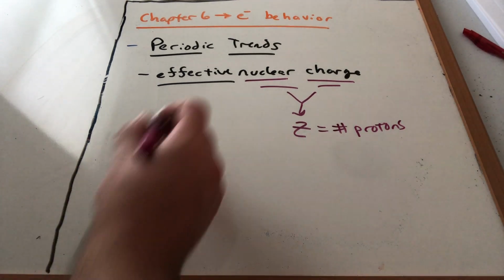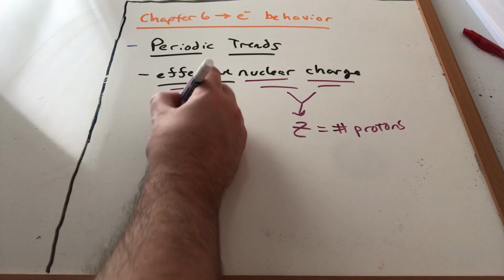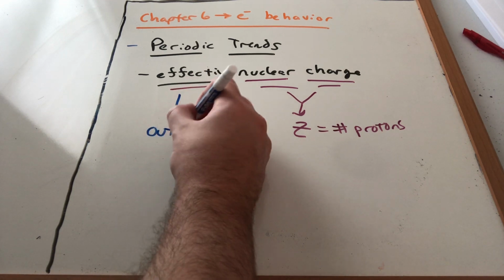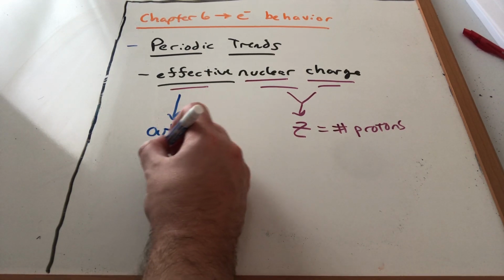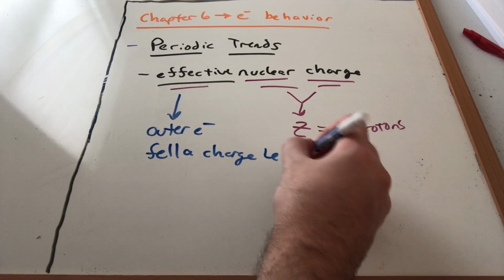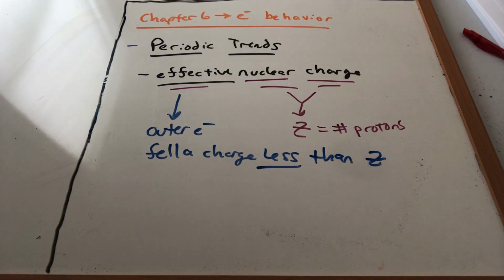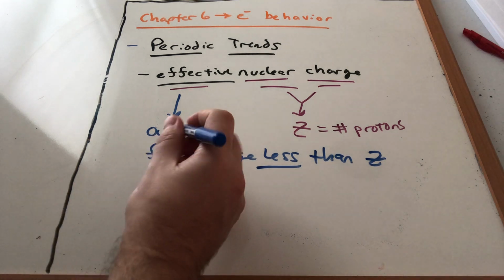What effective refers to is what the outer electrons feel. And the outer electrons feel a charge that's less than Z. They feel an effective charge. They don't feel Z. They feel a charge that's less than Z, right?